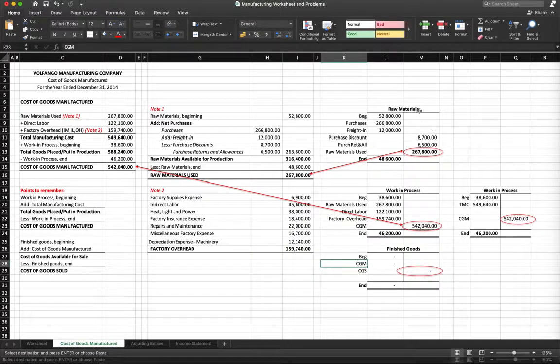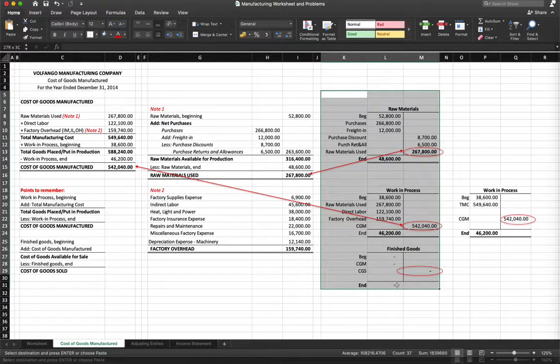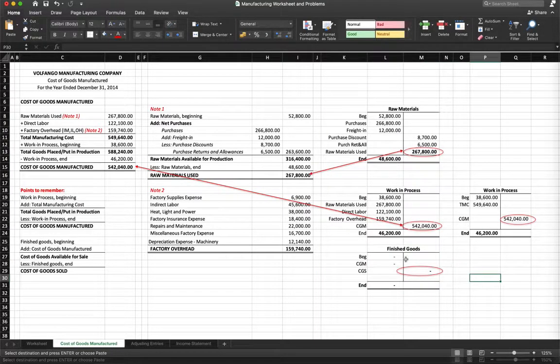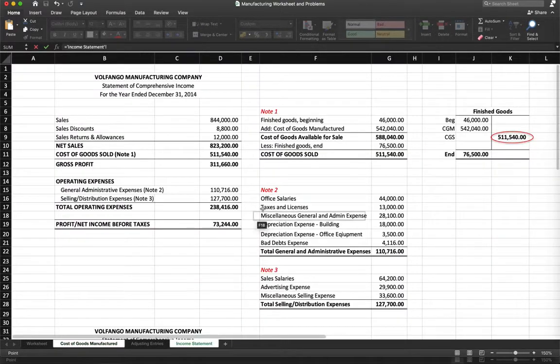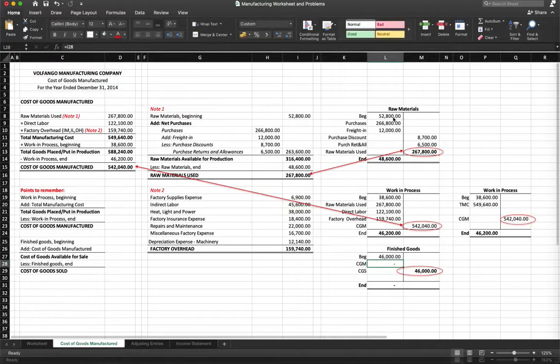Ayan. So, actually, itong tatlong T account na yan, magkakadugtong yan. Kasi kung ano yung cost of goods manufactured mo, yun yung addition mo sa finished goods. Finished goods beginning, magkano? Punta tayo sa income statement. Yung cost of goods manufactured mo, tatanggalin mo sa work in process.